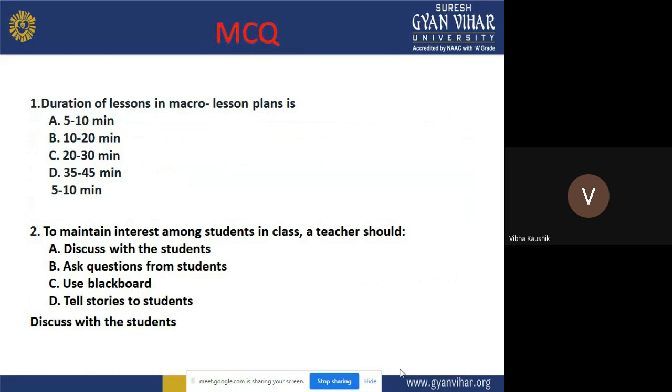To maintain interest among students in a particular class, what should a teacher do? Options are: A, discuss with the students, they have to discuss that particular concept with the students.